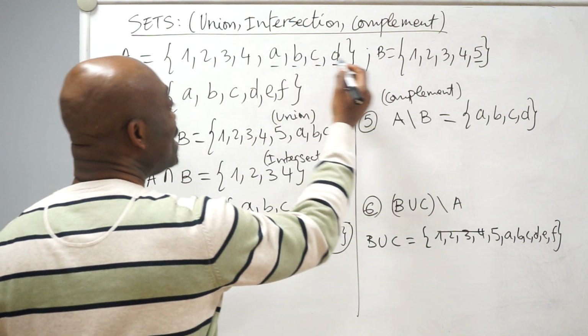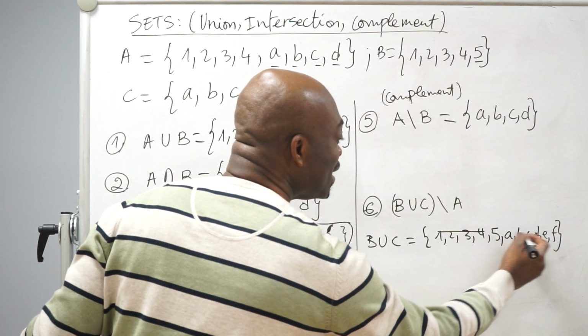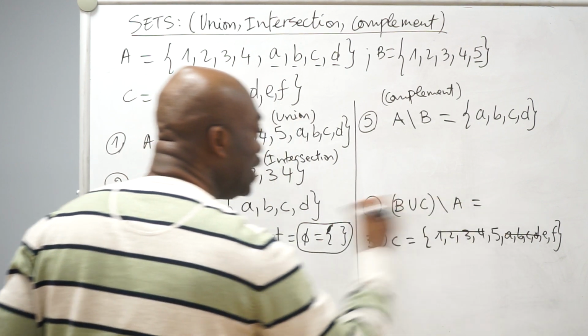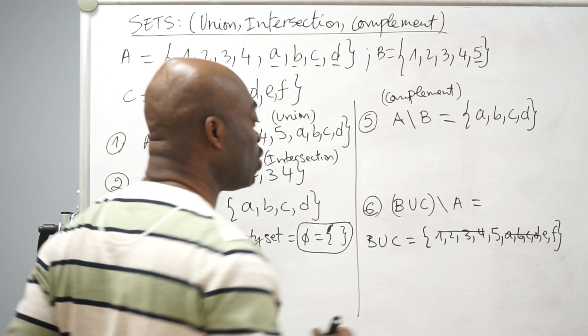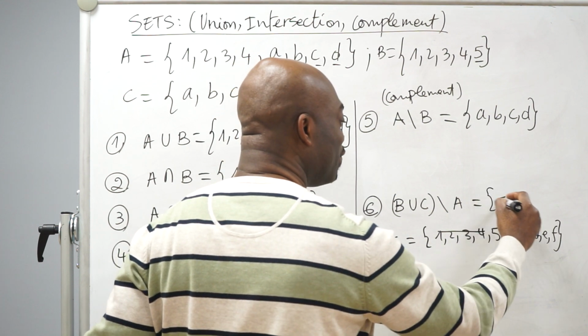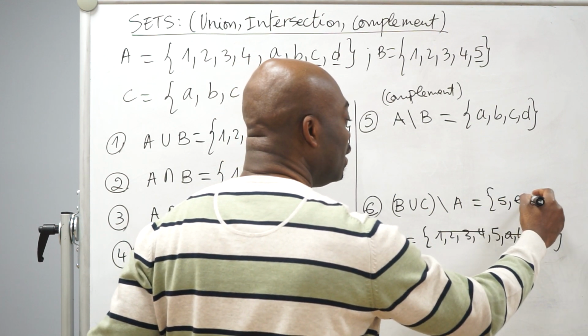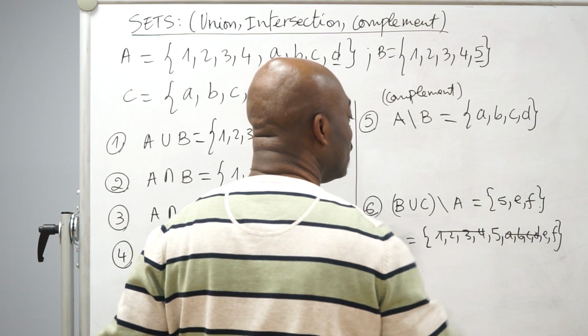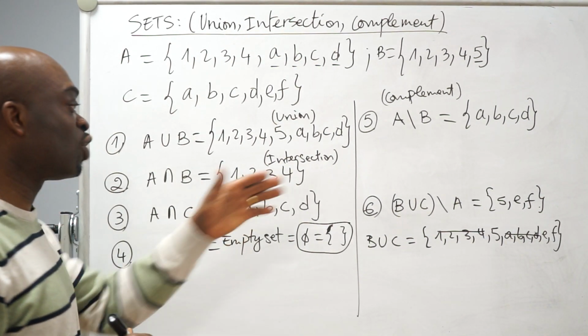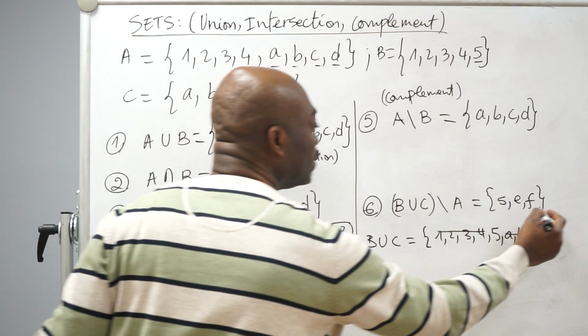We have A, B, C, D. A, B, C, D got to be out. So we end up with B union C complement A is equal to what? It is equal to 5, E, and F. All right? So you guys see what's happening here? Okay? So that will be your final answer here.